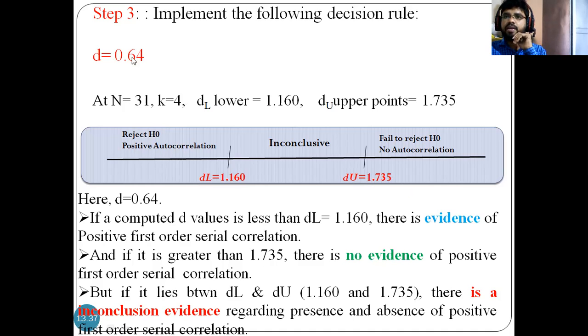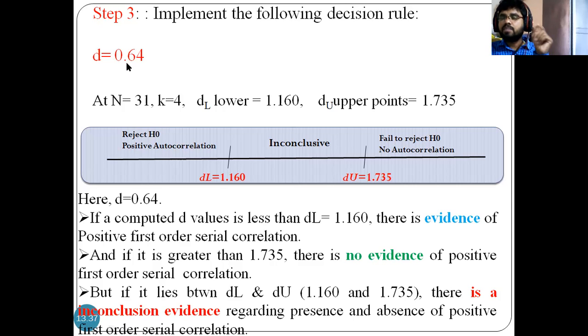It is 0.064. When we compare this D value with the DL value, D is less than DL. It means we can reject our null hypothesis, so there is positive autocorrelation in your model, and we accept the alternative hypothesis.